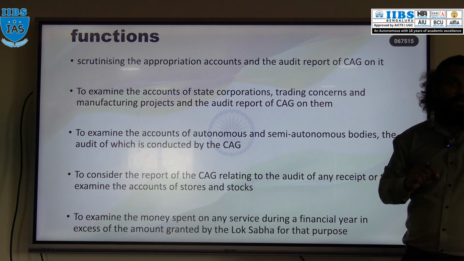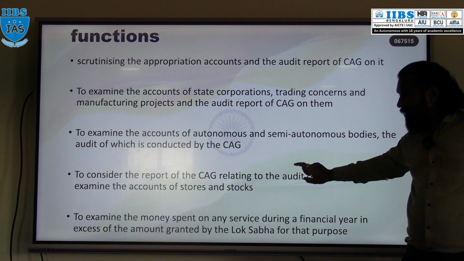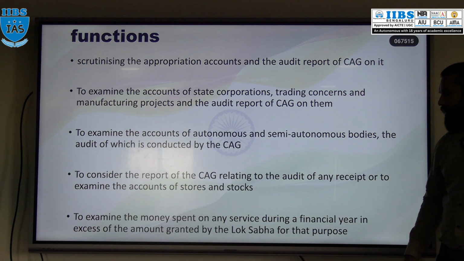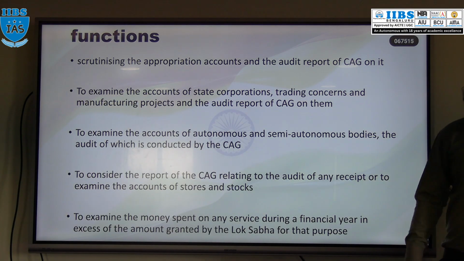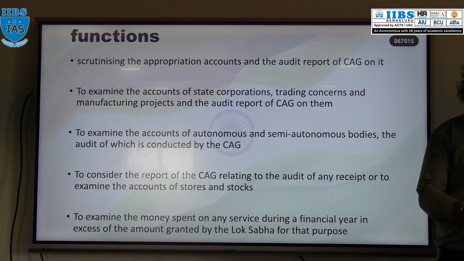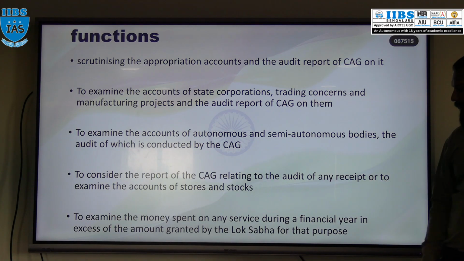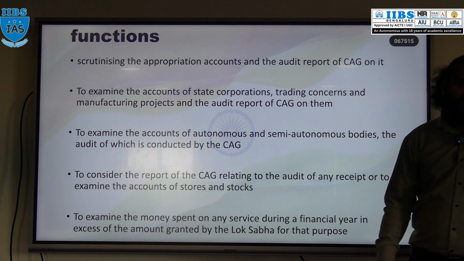We discuss CAG in detail, and the CAG will submit the report. That report will also be examined by this Public Accounts Committee. It also examines whether money granted for a specific service has been totally spent on that particular service or not. That will also be examined by this committee.